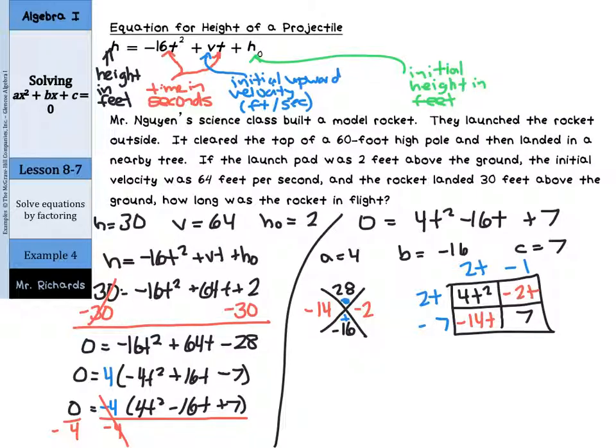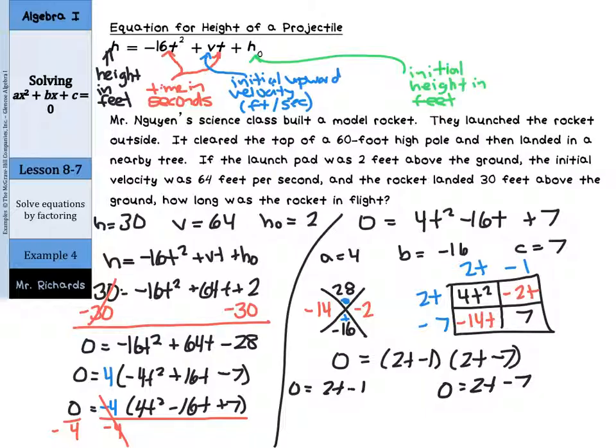So as we rewrite our equation here, we have 0 equals 2t minus 1 times 2t minus 7. And we can use the zero product property now to set each of these equal to 0. So 0 equals 2t minus 1, or 0 equals 2t minus 7.